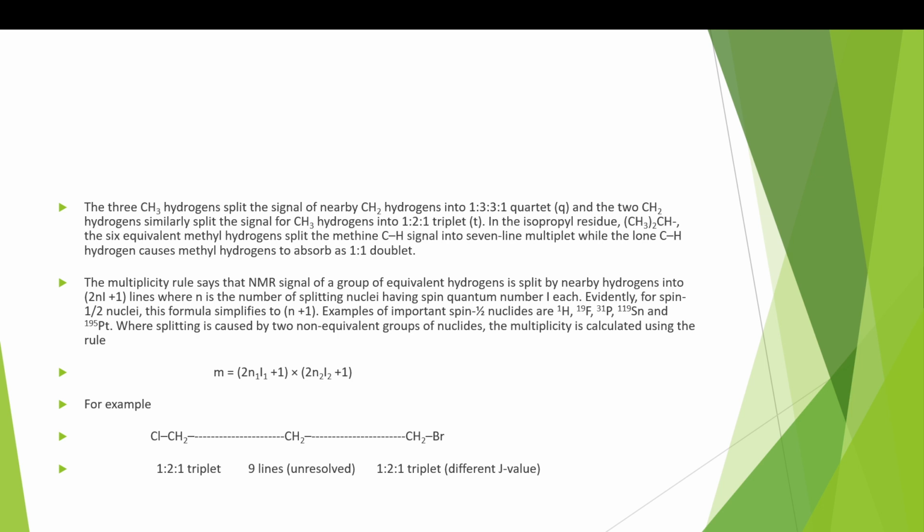When 2 groups are involved in splitting, the formula is (2n1I1 plus 1) multiplied by (2n2I2 plus 1), illustrated by the example of 1,3-dichloropropane. The middle CH2 gives 9 lines. The terminal CH2 gives 3 lines each.